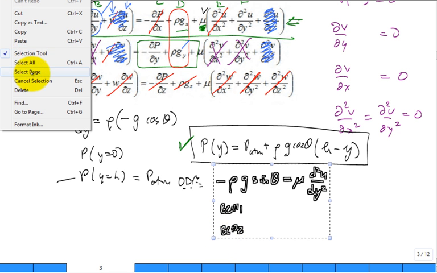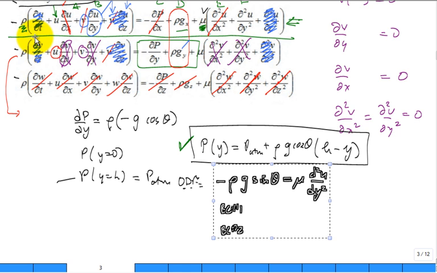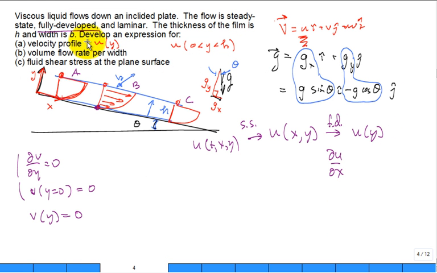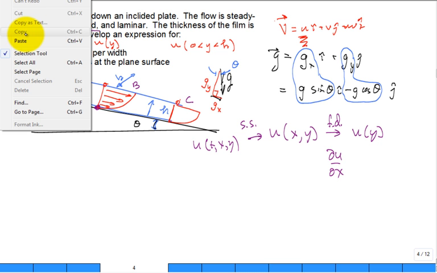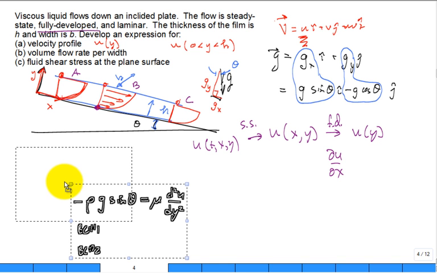Let's do a copy. Come over here. I'm going to get rid of this, tuck it in here a little bit. Let's do a paste. And we'll put it right here.